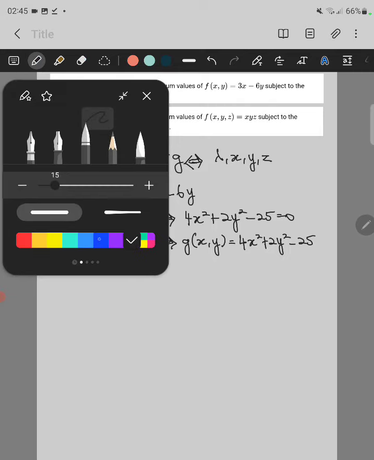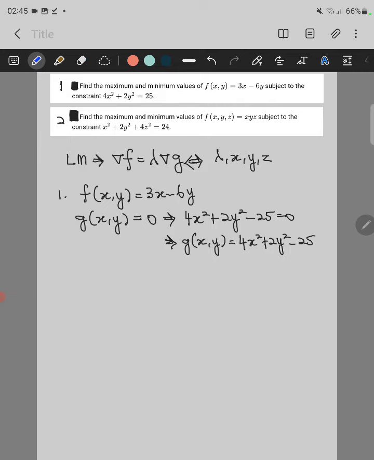I just want to repeat once again: to define g(x,y), the condition is that g(x,y) should equal 0. So from our constraint we rewrite it as 4x squared plus 2y squared minus 25 equals 0, and it follows that g(x,y) equals 4x squared plus 2y squared minus 25.